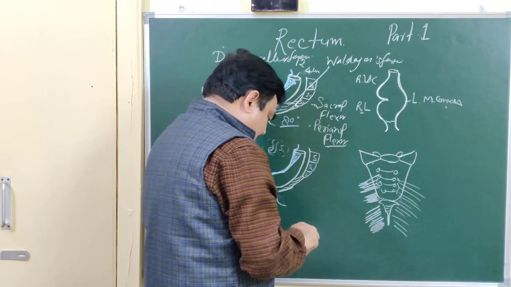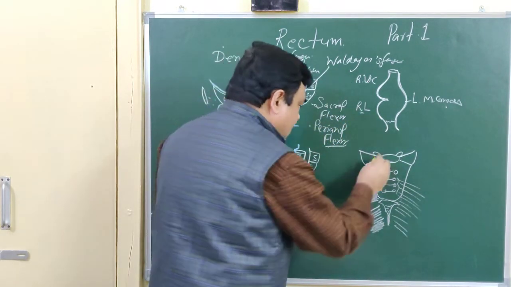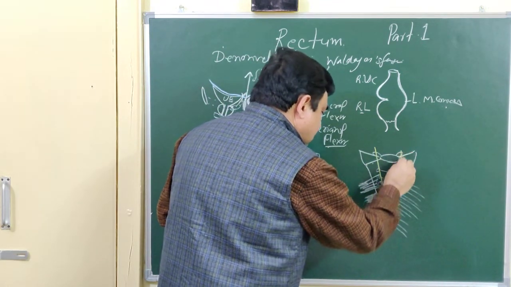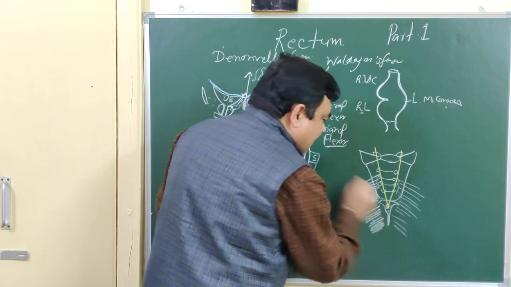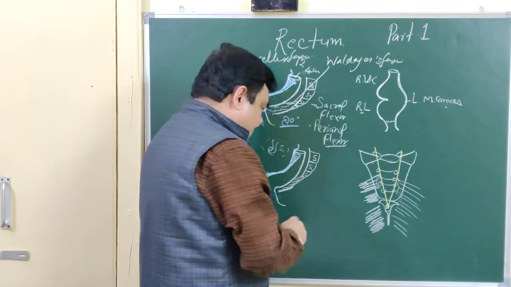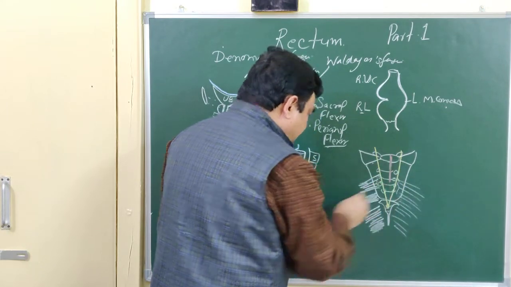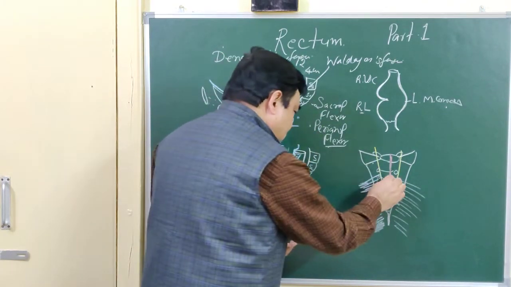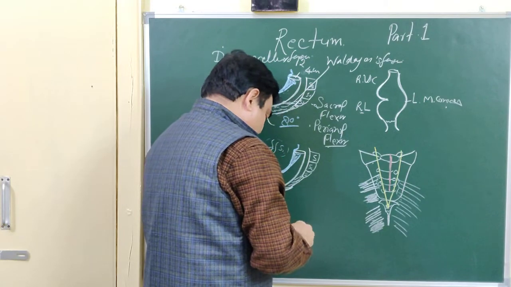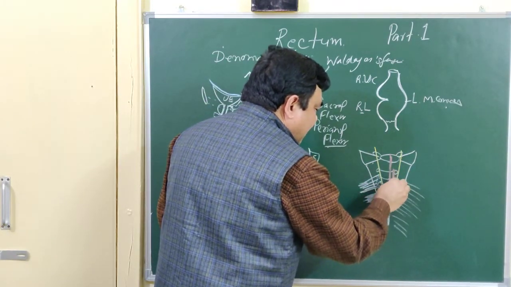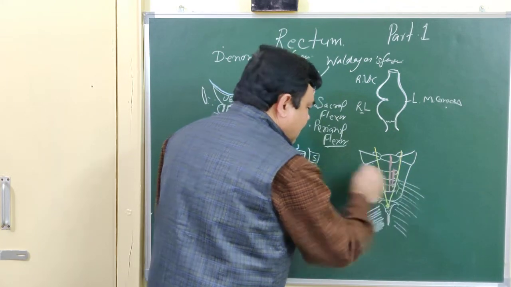And here is the sympathetic chain. This is the ganglion impar. Here is the medial sacral artery. And another artery, this is the superior rectal artery.